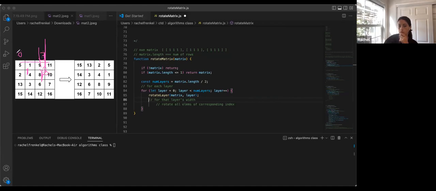Okay, so we started at 0, we went to the length minus 1. Now we started at 1, we went to the length minus 1, minus another 1, because now we're on the first layer. Okay, so this is going to get us the width of the layer.